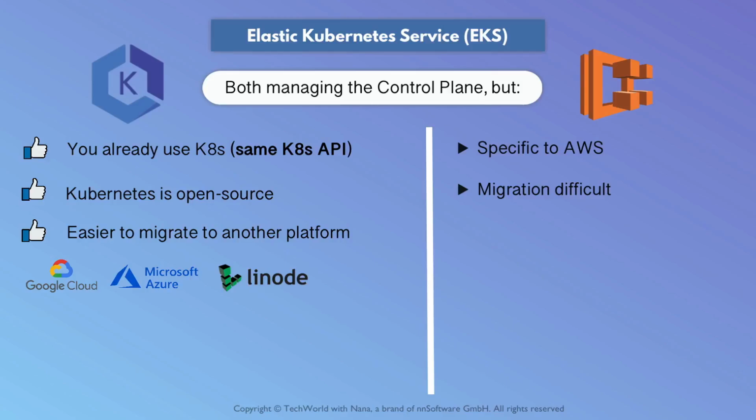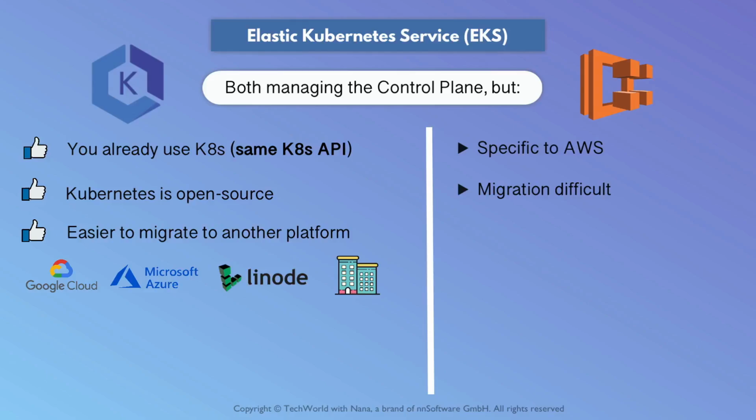It's an independent tool which you can use anywhere. So you can much more easily migrate the Kubernetes cluster to another platform or maybe even on premise. If you have your own infrastructure in your company, then you can use the same configuration, same tools across multiple platforms. So that's a major advantage of using EKS versus ECS.